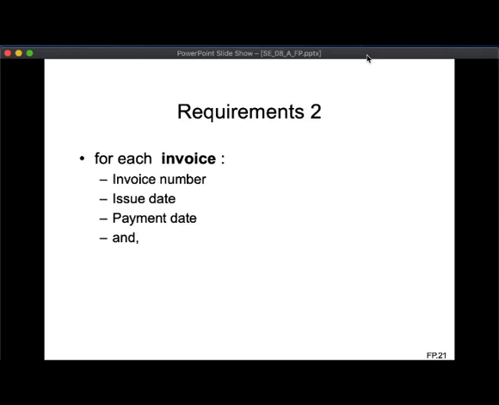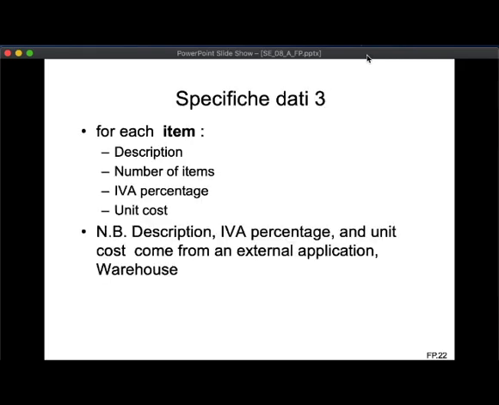And then for each invoice, typically you have an invoice number, an issue date, the date on which the invoice has been paid, and for each item of the invoice you want to have the description, the number of items that you have bought, and the percentage of VAT that has been applied, because if you do online shopping, for example, in this period, not all items have the same VAT.